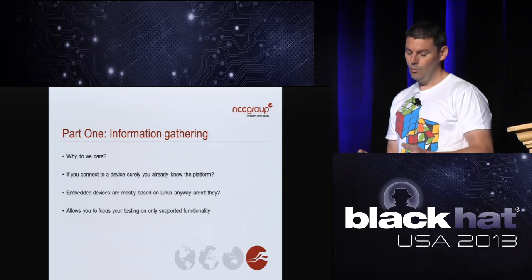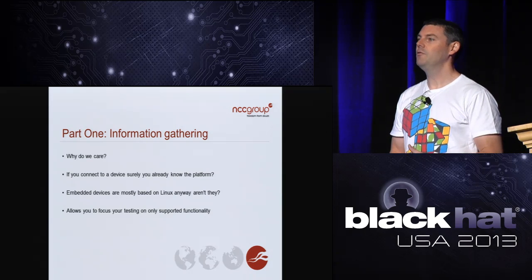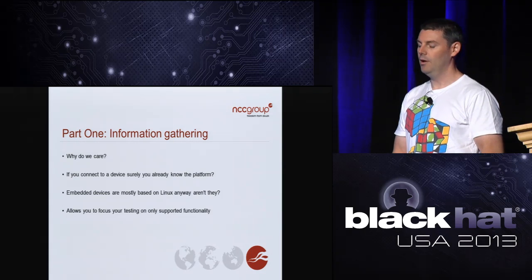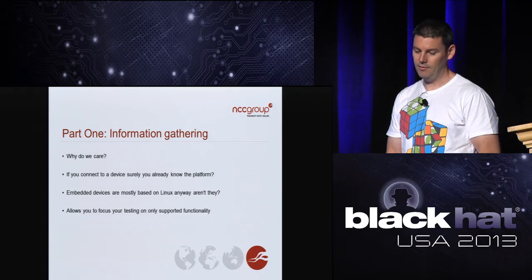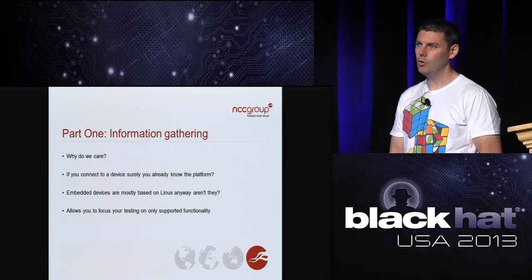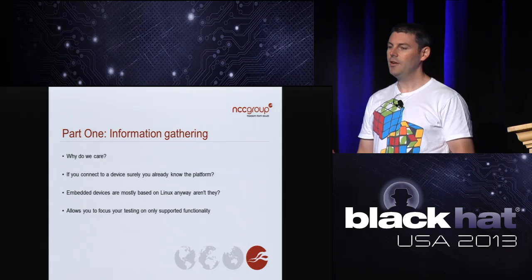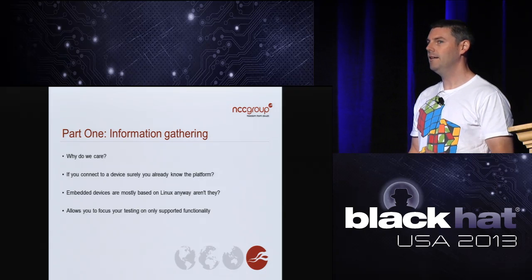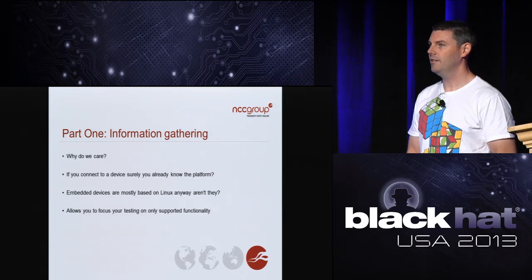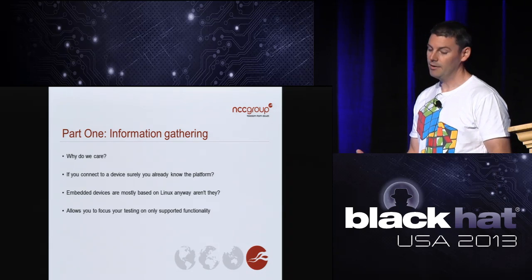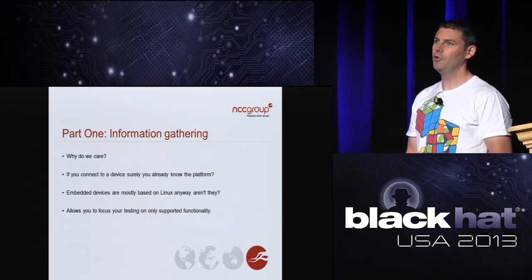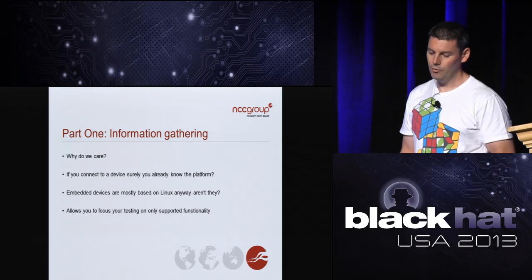And we want to gather as much information about what the system is within that box to enable us to test it in a much more streamlined way. As you'll see, when you're testing USB, it's a much slower process than if you're testing something like a network stack. So to be able to really focus your testing in the right area saves you an awful lot of time.